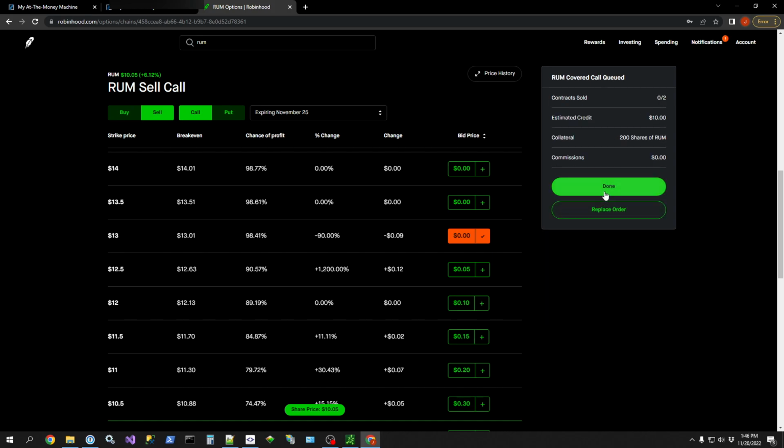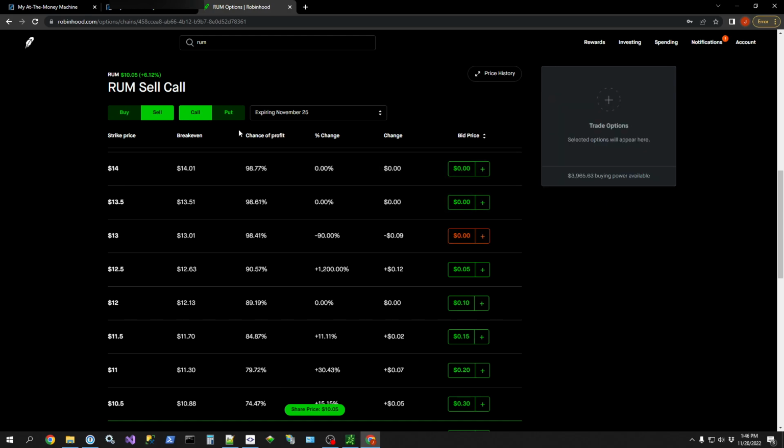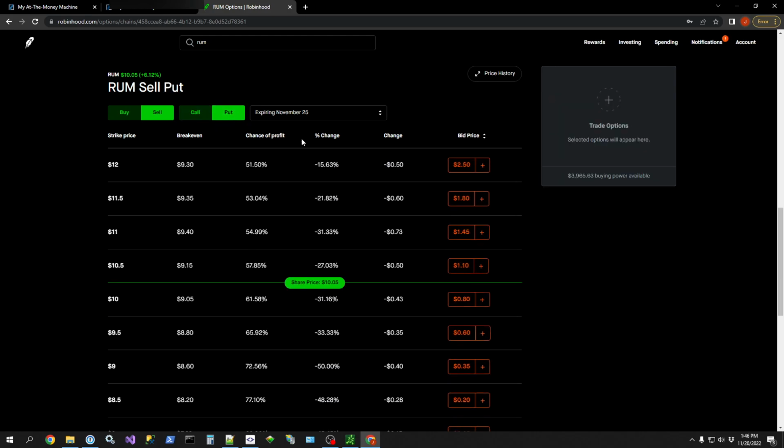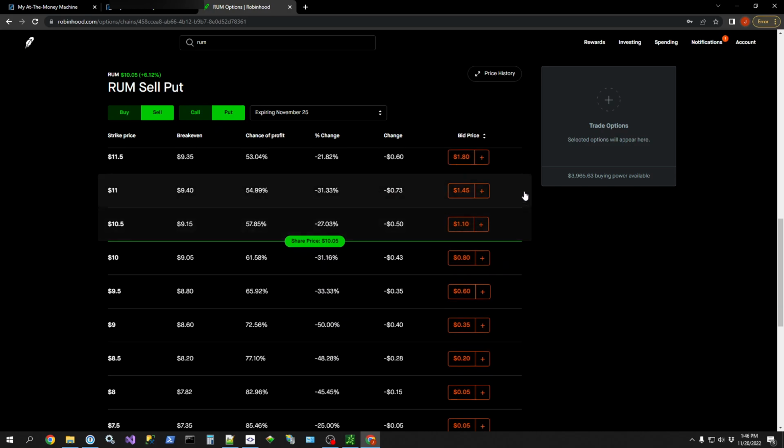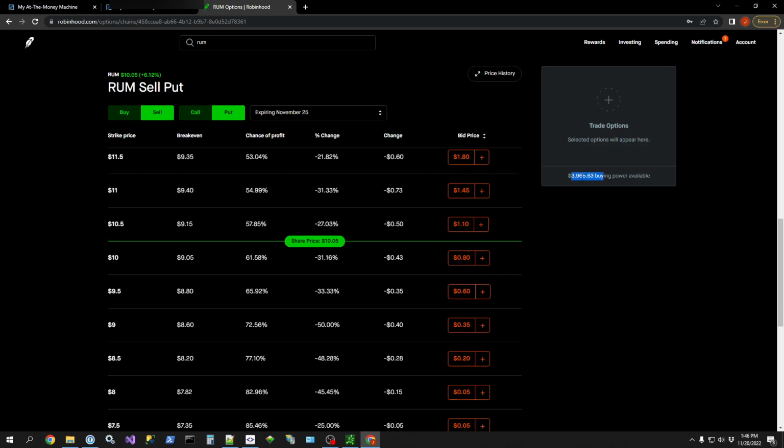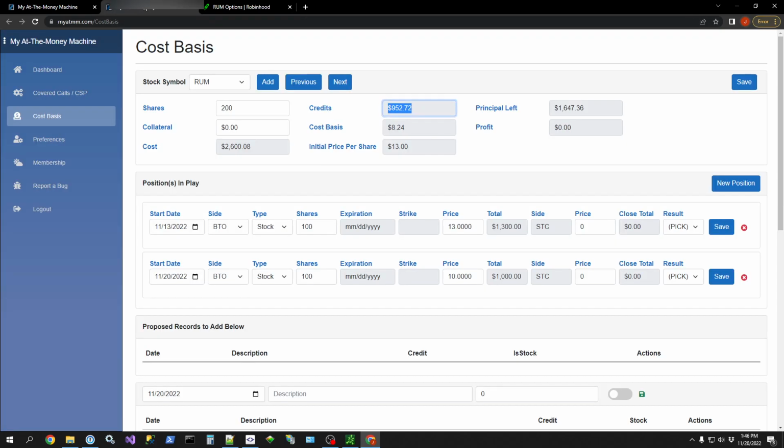All right, so now we want to look to sell a put, because we've got $4,000 to play with, so I might be able to do $2,000 for RUM and $2,000 for NVAX. Something else to look at is our cost basis with premium is 8.24. However, our cost basis without premium is 13.